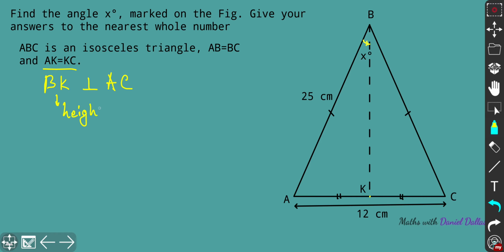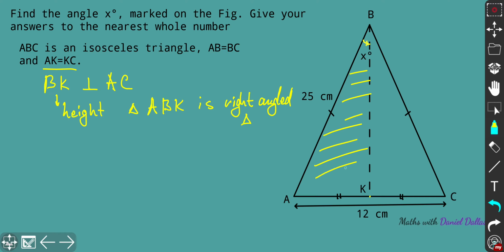Having the height there, we can consider triangle ABK. So ABK is a right-angled triangle. Using this triangle, I just shade it and put the angle 90 degrees.